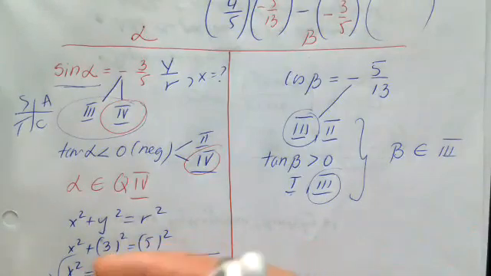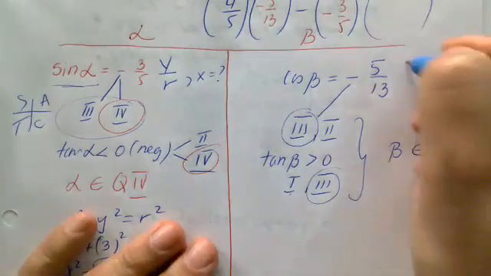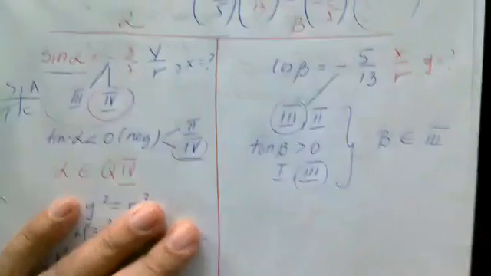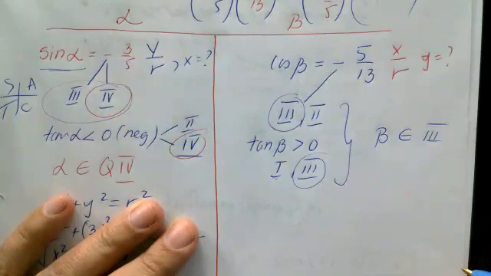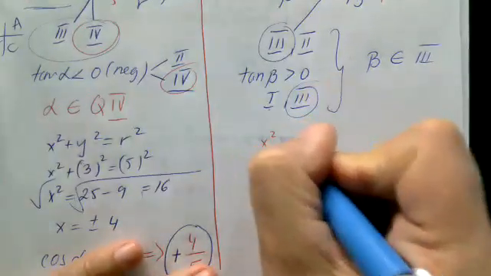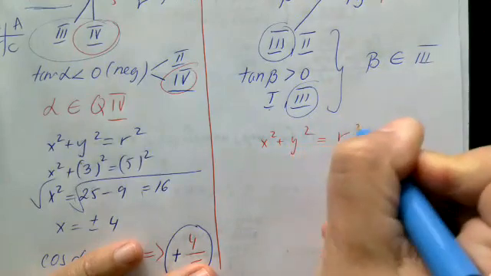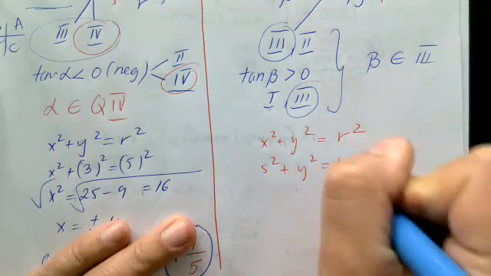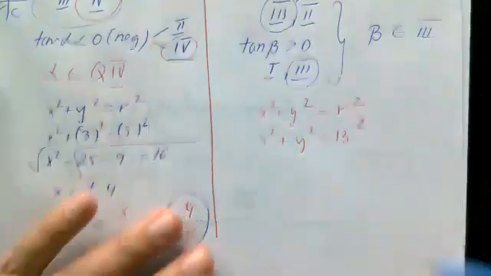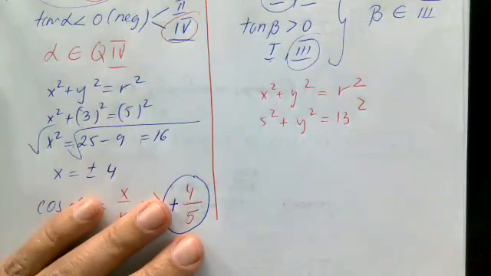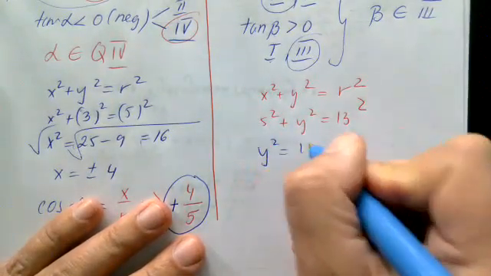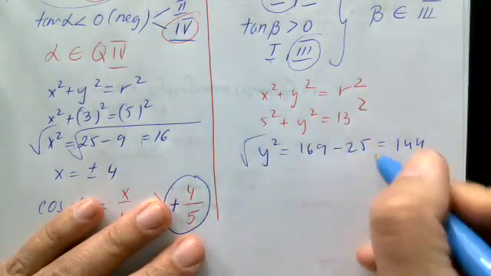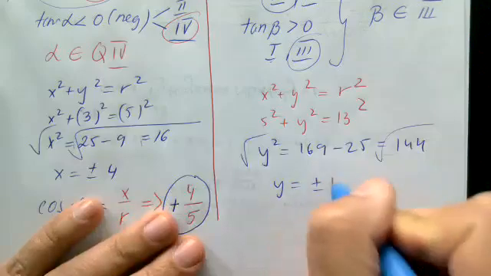Back to XYR. Cos is X over R. That means we need Y. X squared plus Y squared equals R squared. 5 squared plus Y squared equals 13 squared. Y squared is 169 minus 25, which is 144. So Y equals plus minus 12.